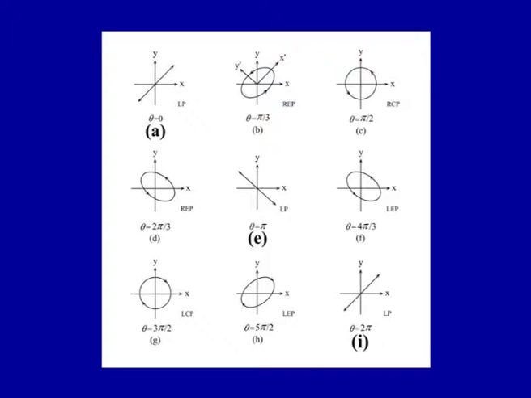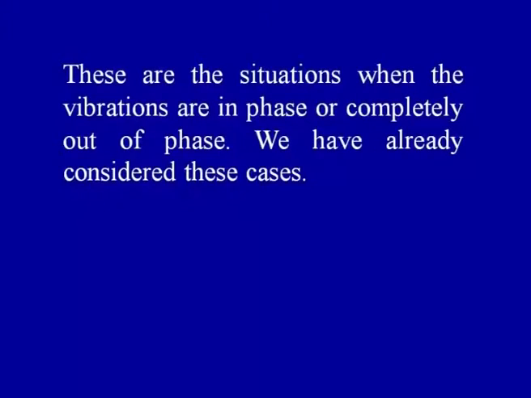E corresponds to theta equal to pi, they are completely out of phase, a phase difference of half a vibration, and I is again when the phase difference is 2 pi, which essentially means phase difference is 0. These are the situations, as I pointed out earlier, when the vibrations are in phase or completely out of phase. We have already considered these cases.